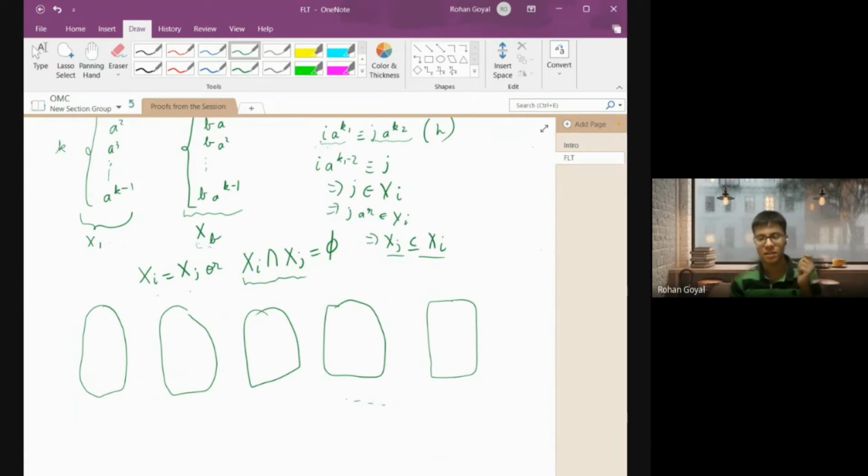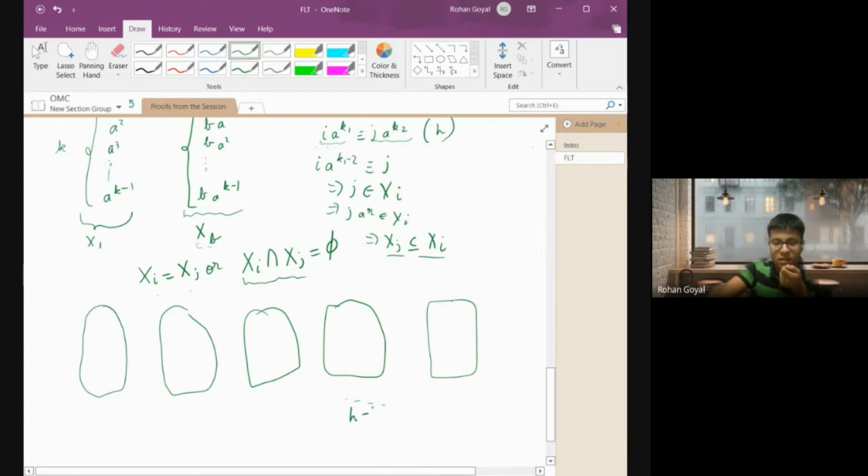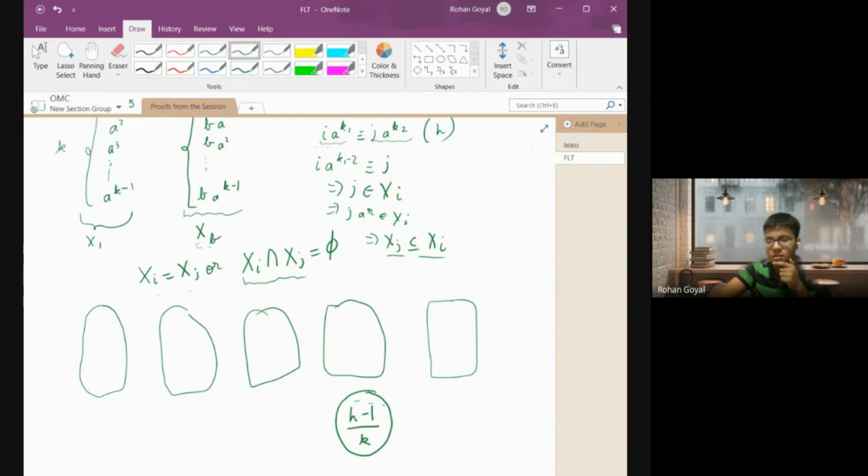So there are p minus 1 upon k groups, just because everything has k elements, there are p minus 1 things, and everything is in exactly one group.